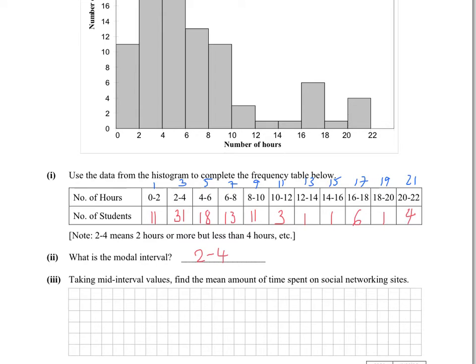To work out the mean for a set of data, we need to multiply each mid-interval value by the frequency. So 1 times 11, 3 times 31, 5 times 18, 7 times 13, 9 times 11, and so on.